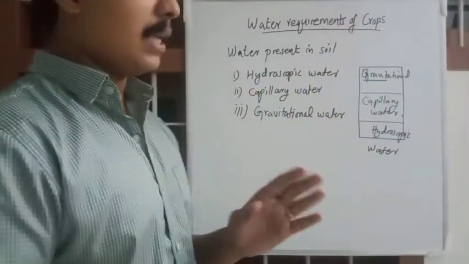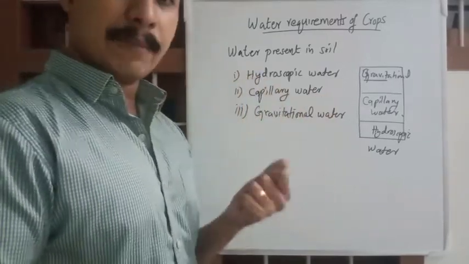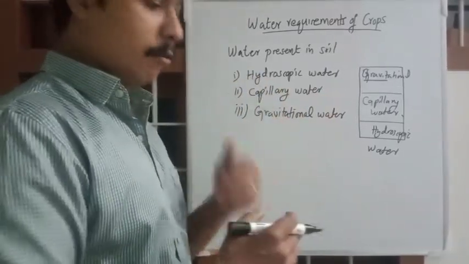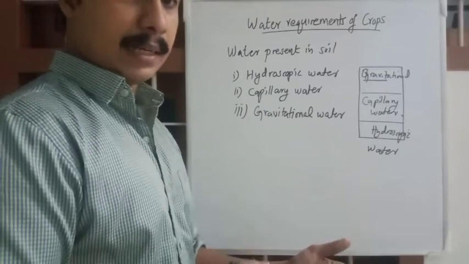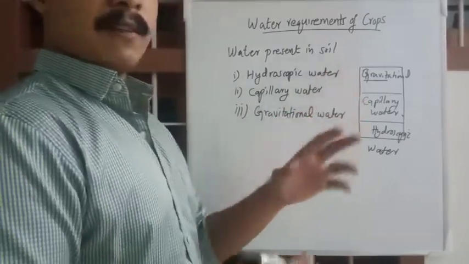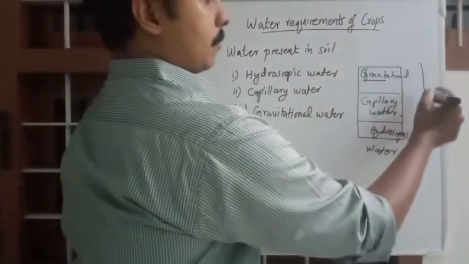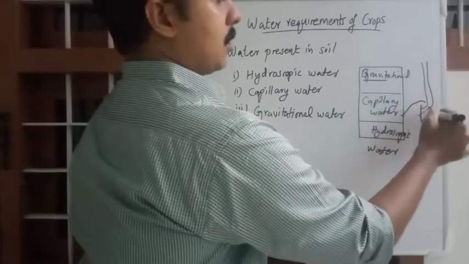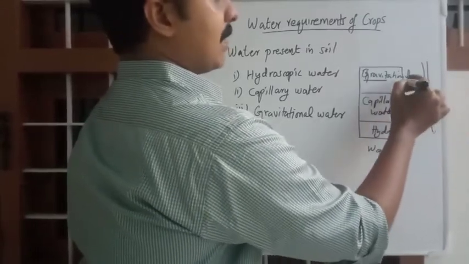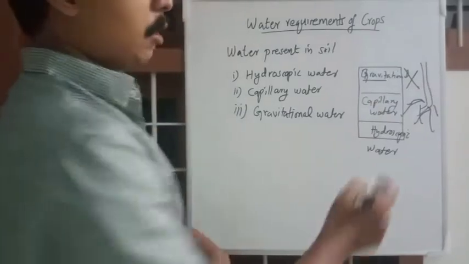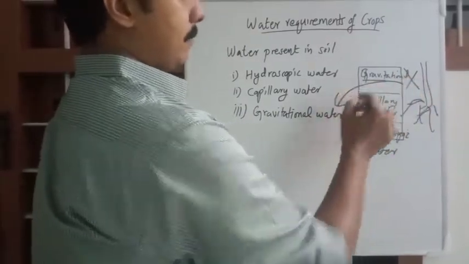Obviously, when you are watering a tree or a plant, gravitational water will not be reaching the roots. It will be flowing away.